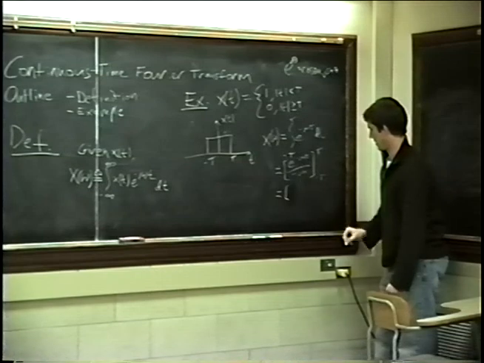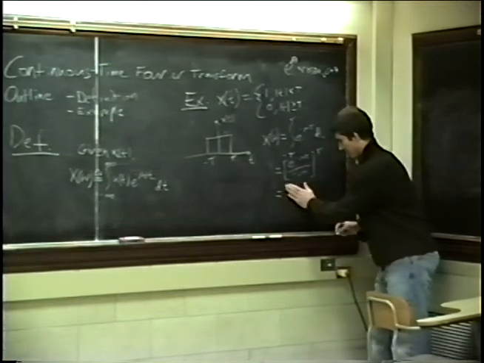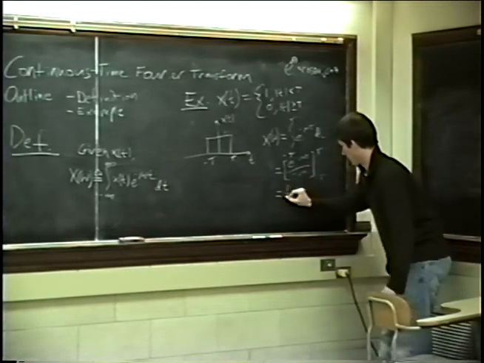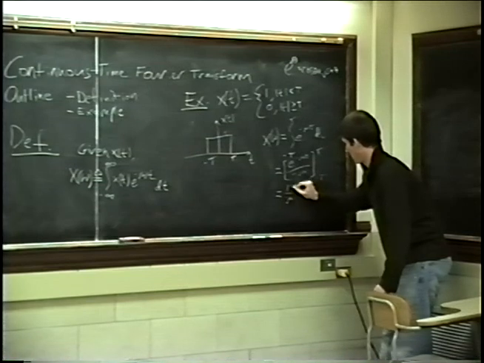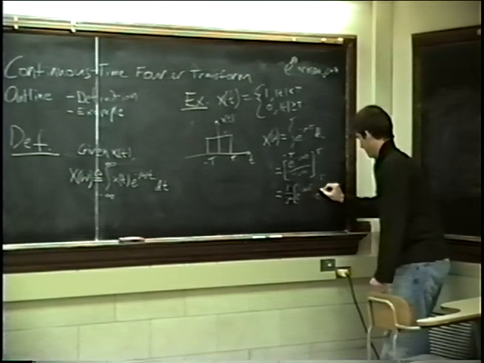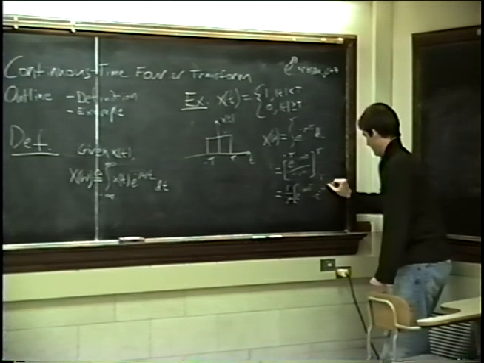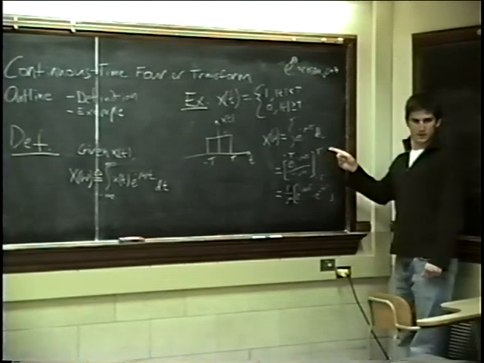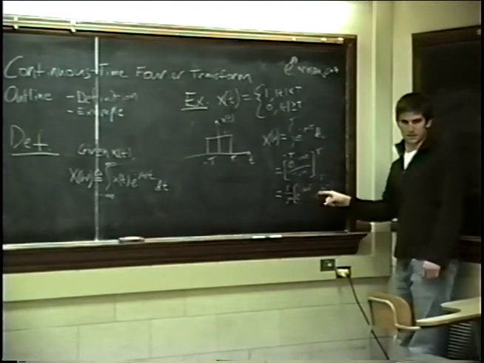First we're going to have this, right, from calculus. Then we're going to use Euler's identity to simplify this part.